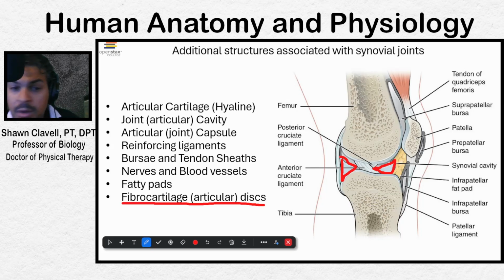Your TMJ, or temporomandibular joint, has an articular disc as well that allows for a connection point as the jaw moves down and forward. So fibrocartilaginous discs or pads, articular discs, are not an uncommon feature in synovial joints, although in each joint their shape or structure might be a little bit different.